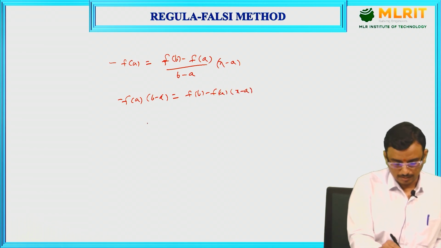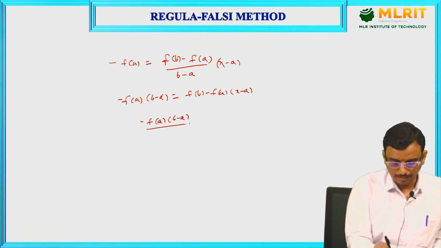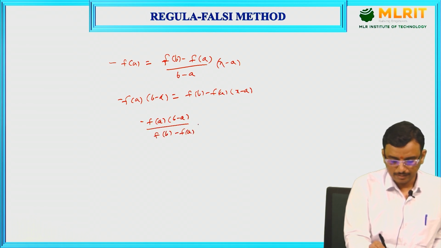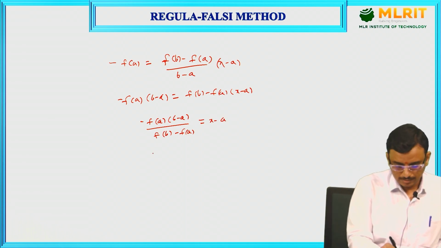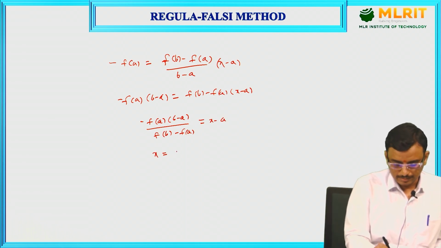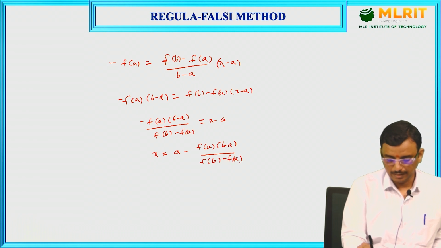So, minus f of a into (b minus a) divided by (f of b minus f of a) is equal to x minus a. Now x is equal to a minus f of a into (b minus a) divided by (f of b minus f of a).